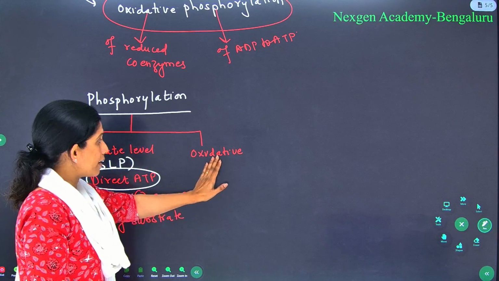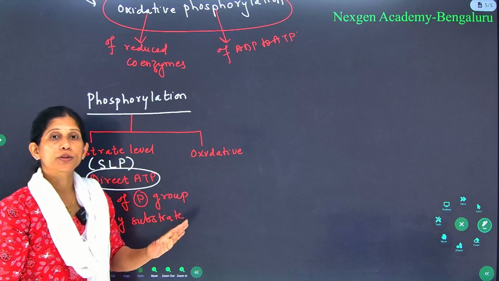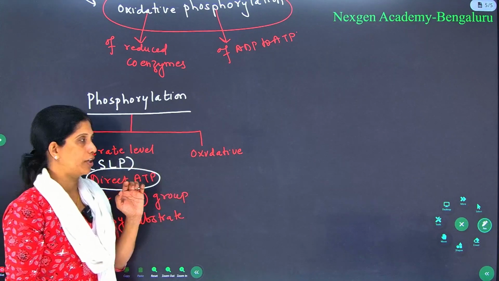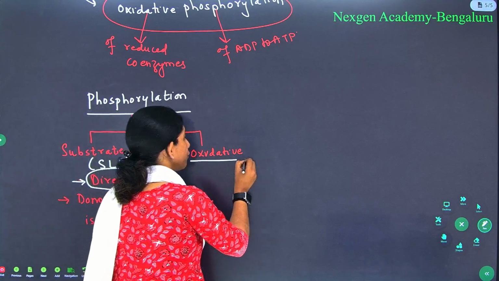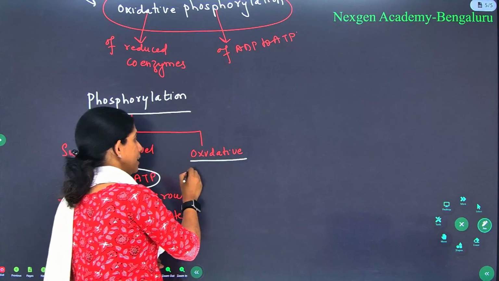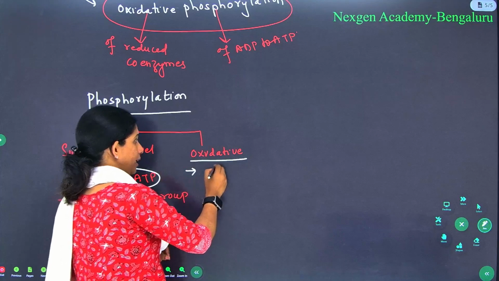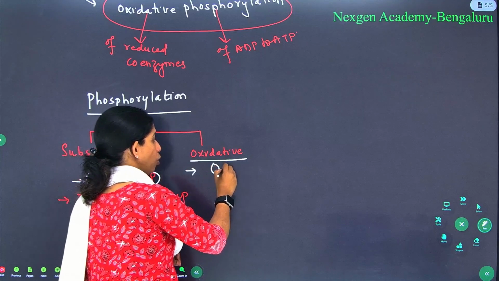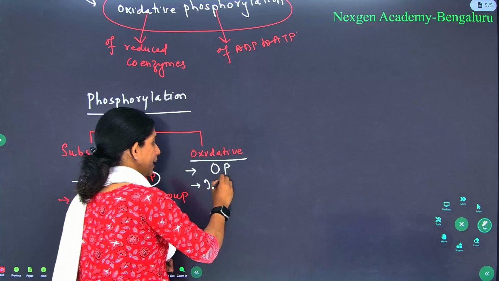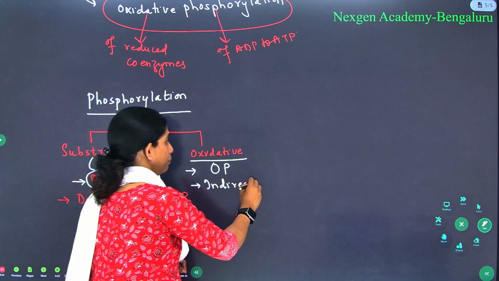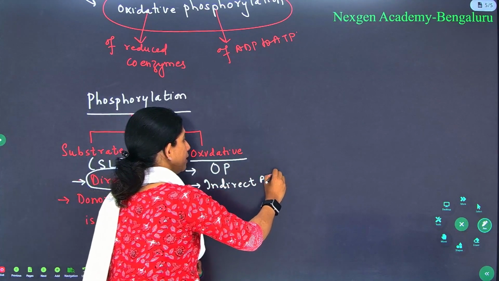So now this here, what I wrote, is a process called oxidative phosphorylation, right? When we talk about oxidative phosphorylation, the energy is also abbreviated as OP. This is also known as indirect ATP, right?